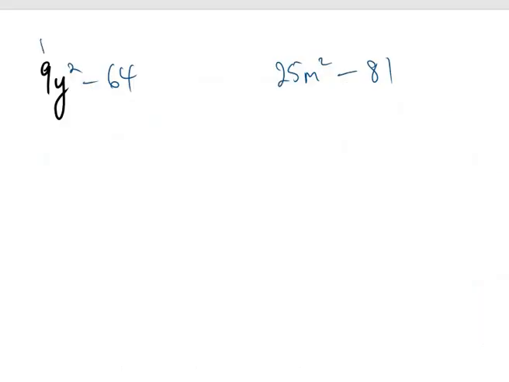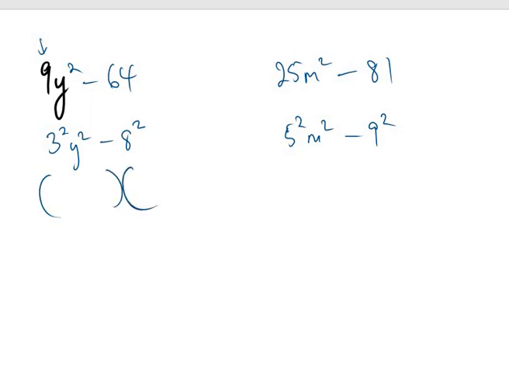If you notice, 9 is a square number, 3 times 3. In other words, 3 squared is 9, and 64 can be written as 8 squared. Let's check this other one over here. This is going to be 5 squared. The m squared is already there as a square. And 81 is 9 squared. Now what we can do with this, we can basically write the two pairs of brackets.